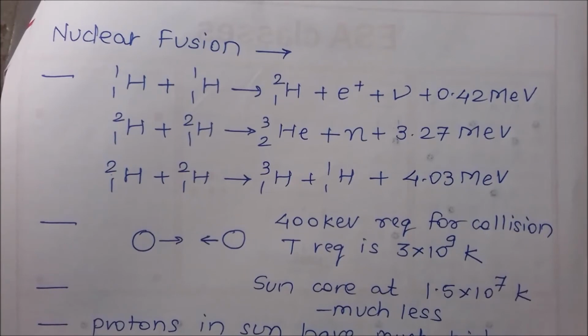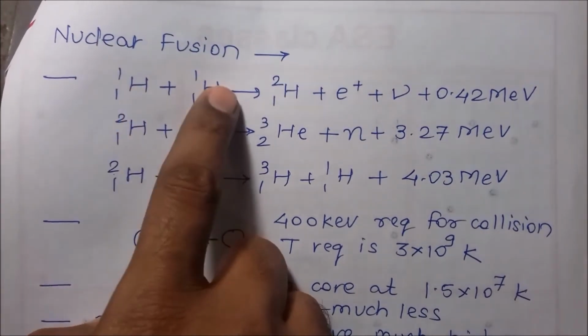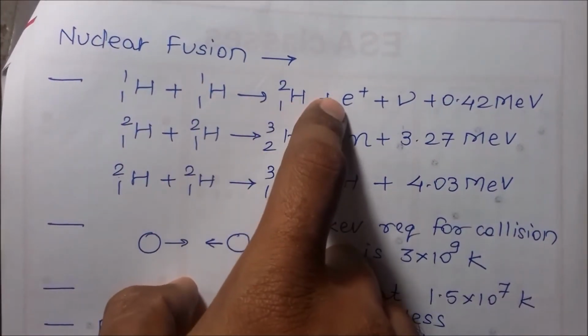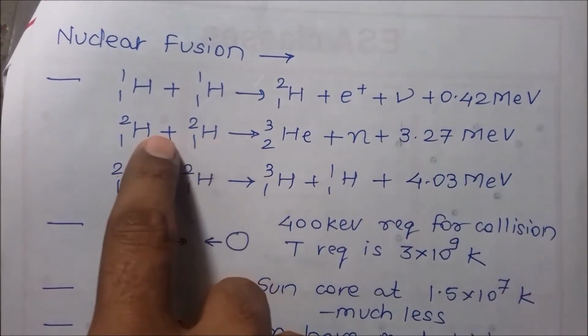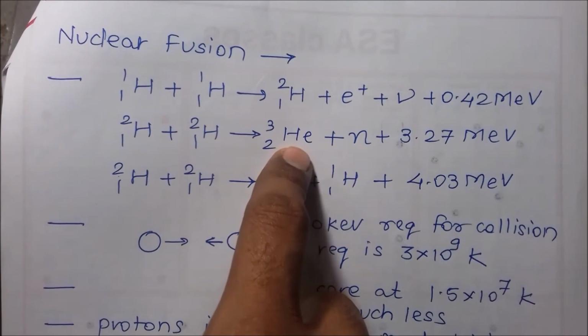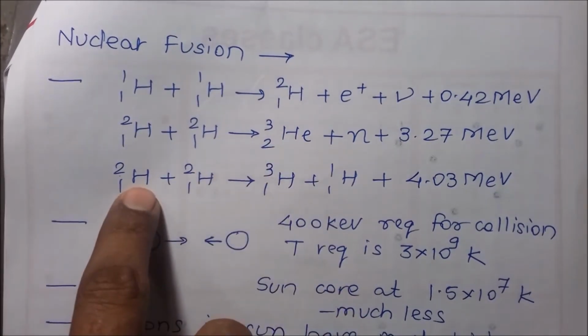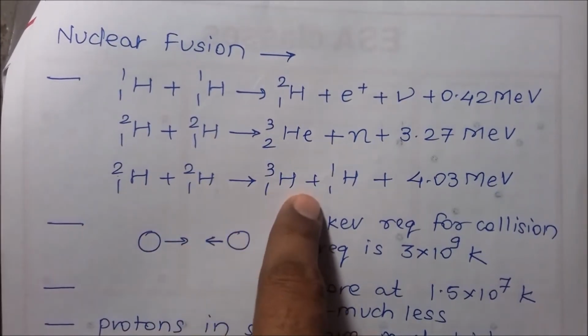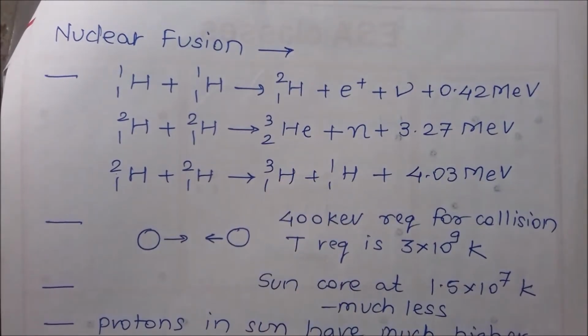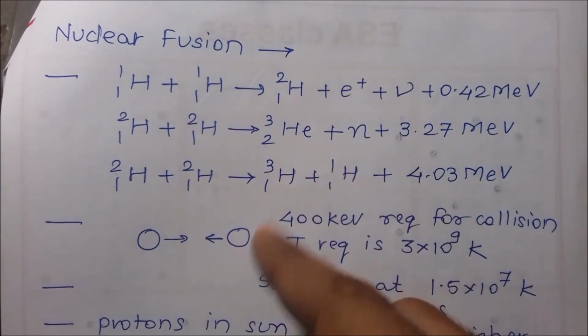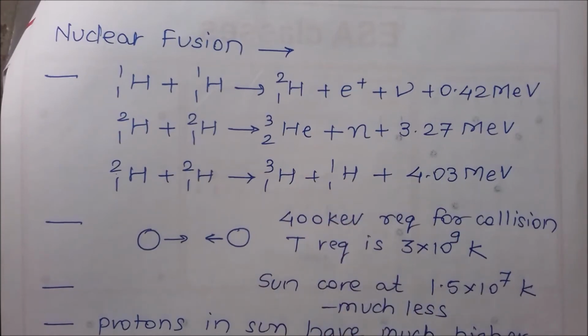Then nuclear fusion. Hydrogen plus hydrogen becomes deuterium by liberating some energy. Deuteron plus deuteron becomes helium. Deuteron plus deuterium becomes tritium, the nucleus of tritium. So these three types of reaction are fusion reactions.